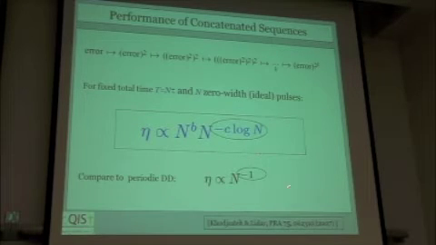There, the noise strength went down like 1 over n. Turns out that for the concatenated sequence, the noise strength has a bad term that grows, but it has a great term that shrinks, like n to the negative log n, where c is some positive constant, and b is some other positive constant. So for large enough n, this definitely beats the 1 over n. So yes, the concatenation actually does something good.